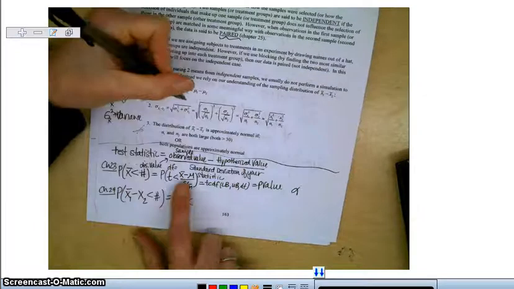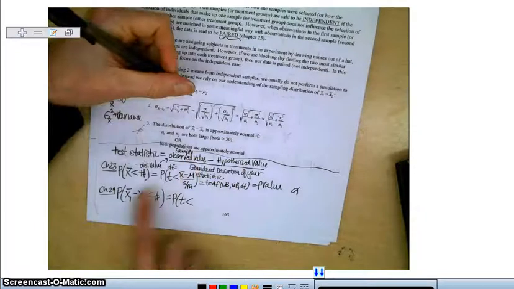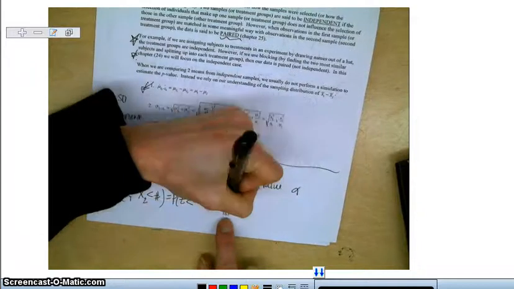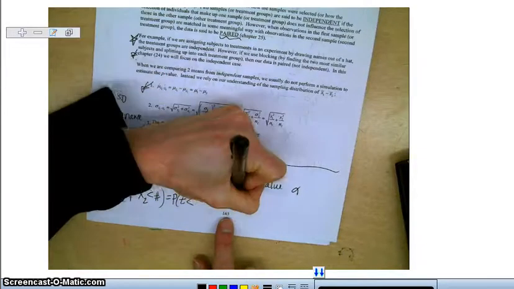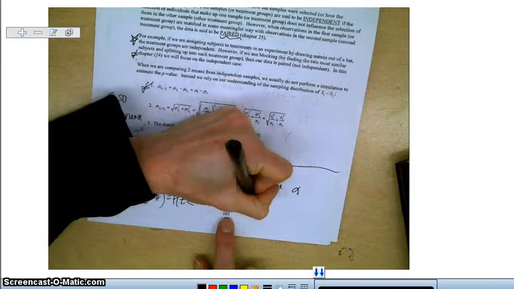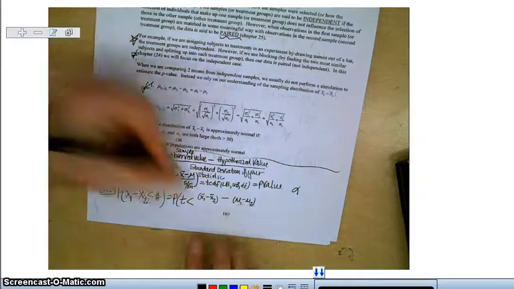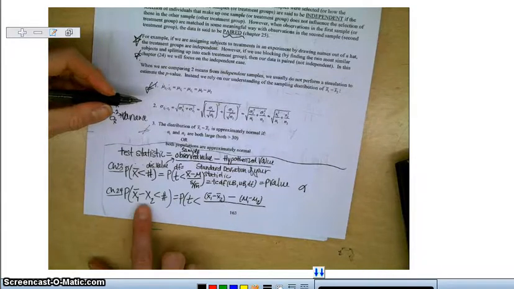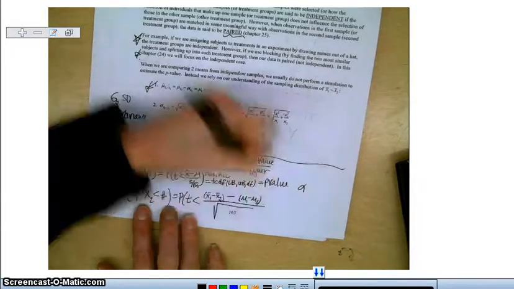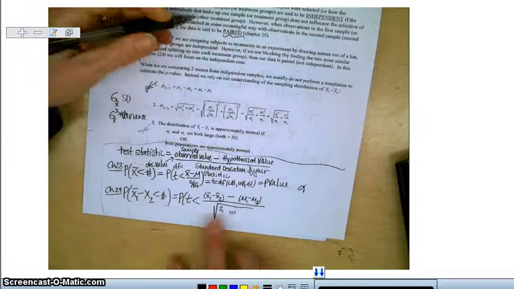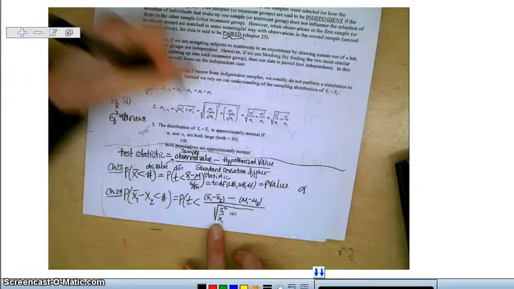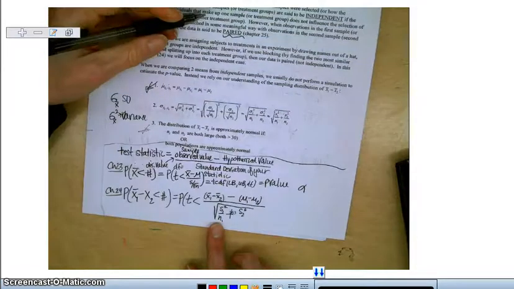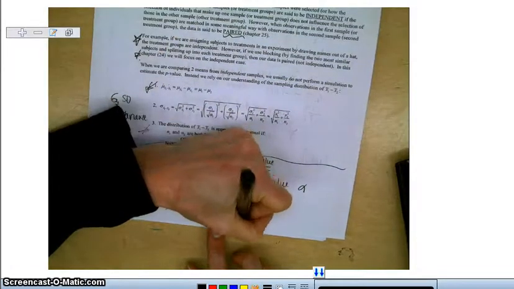So that is your sample difference, which would be x bar 1 minus x bar 2, minus the hypothesized difference, mu 1 minus mu 2, and a lot of times that is 0, divided by the standard deviation of this statistic, which is the square root of the standard deviation of the first sample squared divided by n in the first sample, plus the standard deviation of the second sample squared, or the variance, divided by n of the second sample.